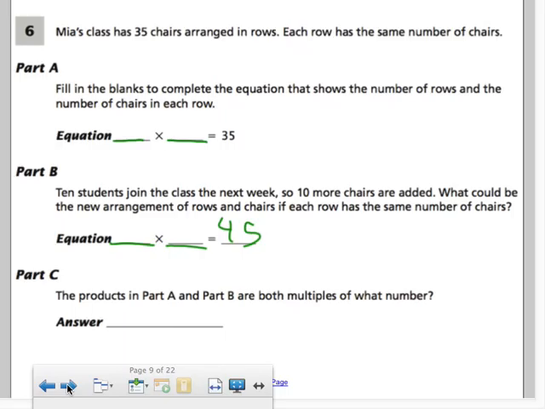Remember, multiples are if you started counting by a number, you would hit something. So what's a multiple of 6? 12. What's a multiple of 4? 8. Or not 18, 16 though. So these two things are both multiples of something. I think it's fairly obvious what that might be.